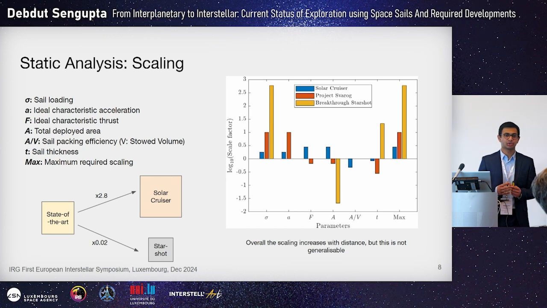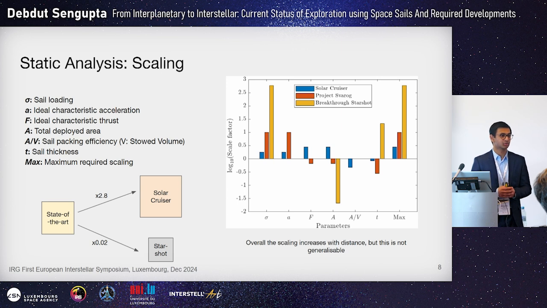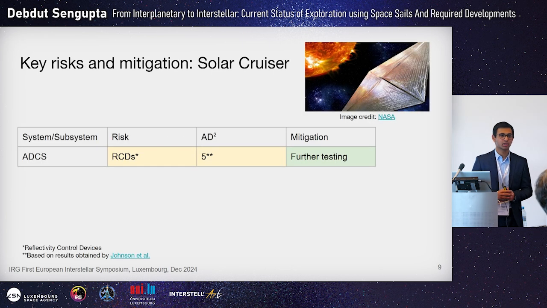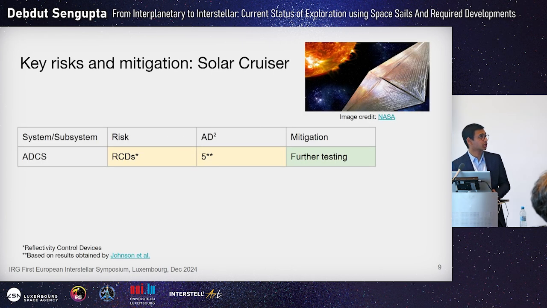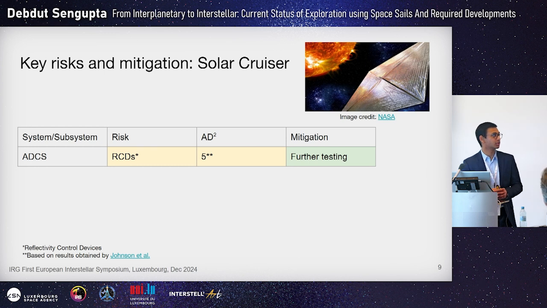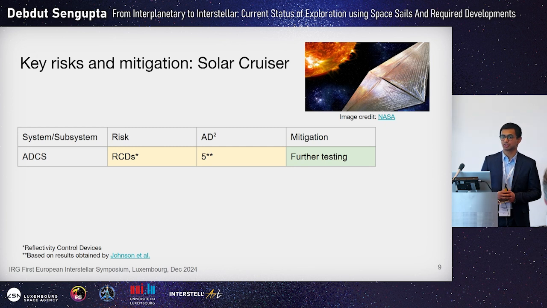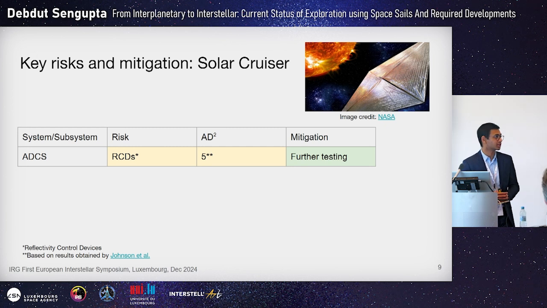So to answer the second question, we wanted to look at risks now. For this, we did a full AD² study for all the 3 missions, and the key risks are given in the following slides. Firstly, for Solar Cruiser, a lot of these studies were based on the work done by Johnson et al. for AD². And the main risk was seen to be the attitude determination and control subsystem, specifically the use of RCDs.